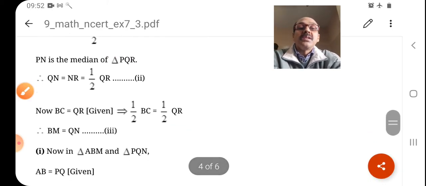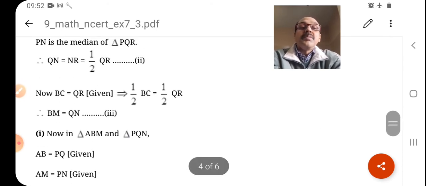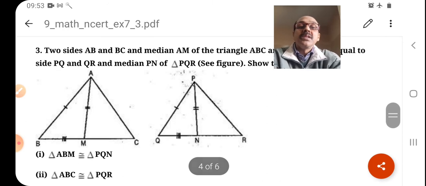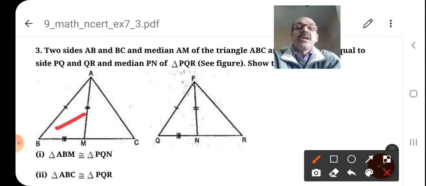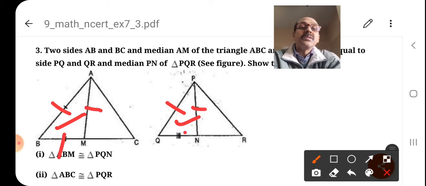Now in triangles ABM and PQN, this side equals this side, this side equals this side, and BM equals QN. So all three sides of both triangles are equal: AB equals PQ, AM equals PN, and BM equals QN.